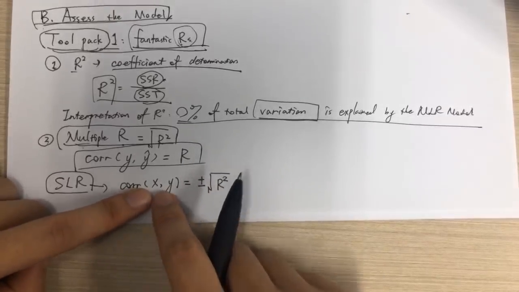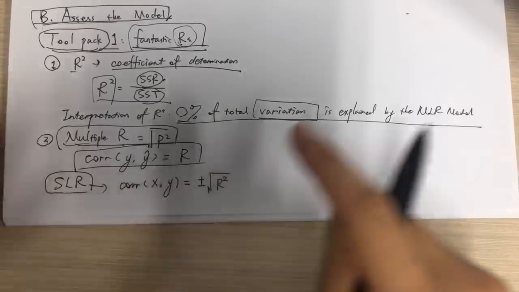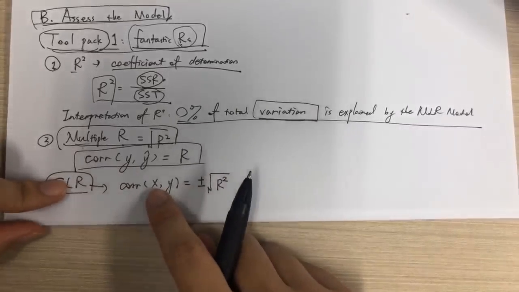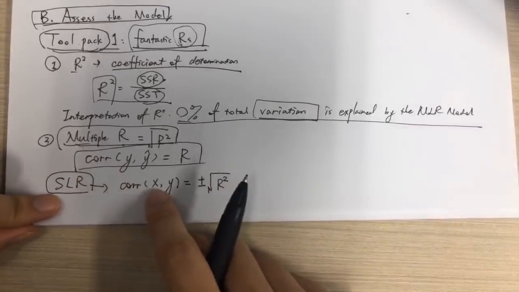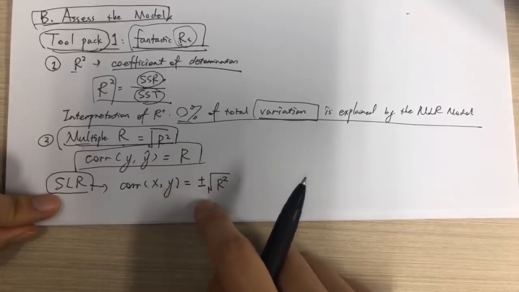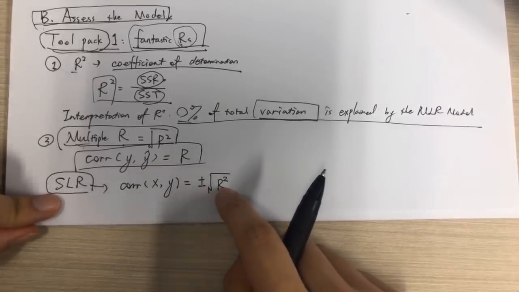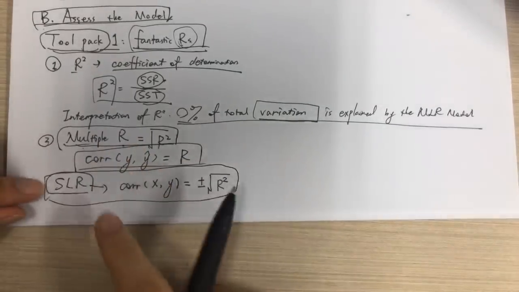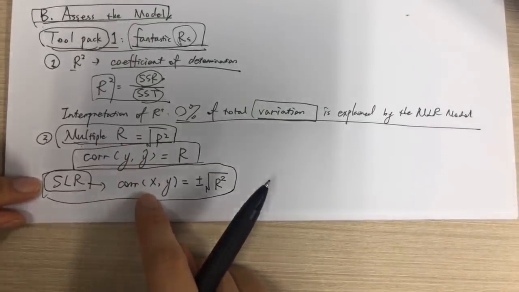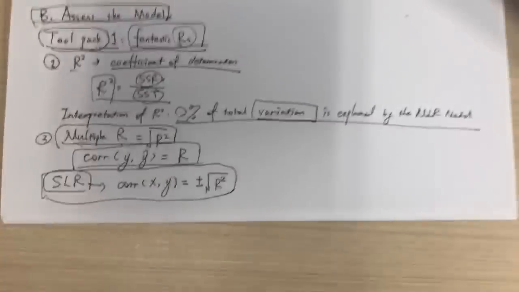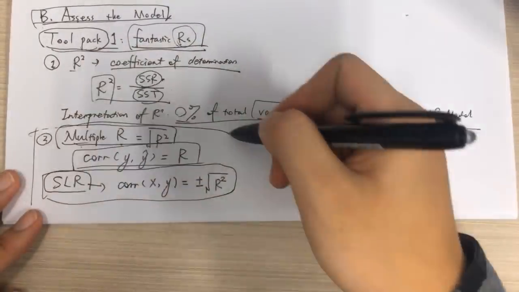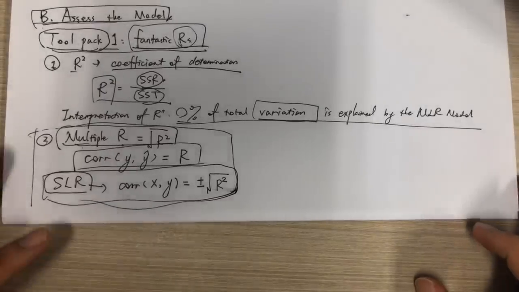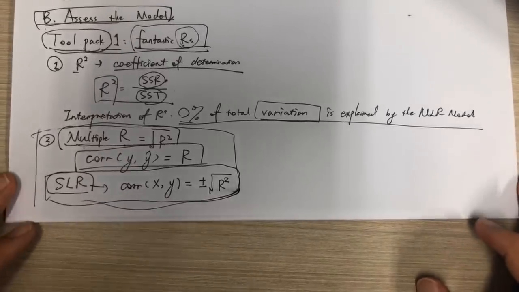It depends on whether beta 1 is positive or negative. Therefore, the correlation between X and Y can be positive or negative multiple R. So you need to pay attention to this if it is a simple linear regression question, okay? All right, so that's all about multiple R and how multiple R can be tested.